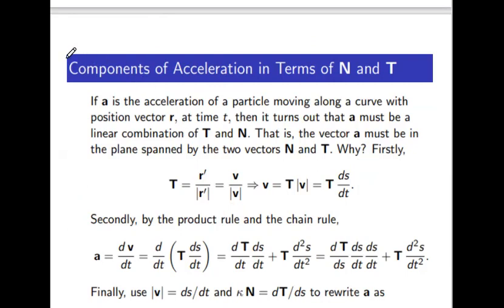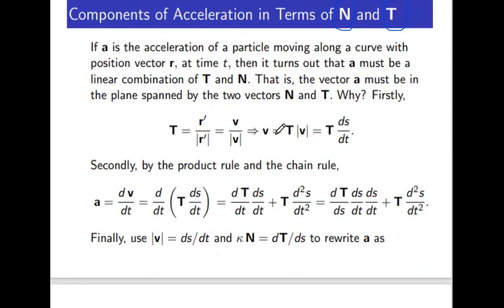We are going to find two components of the acceleration: the tangential component and the normal component. Let's see how we find these two components.